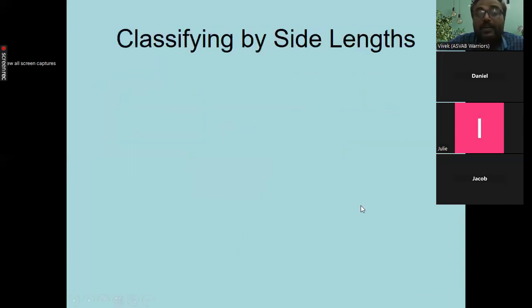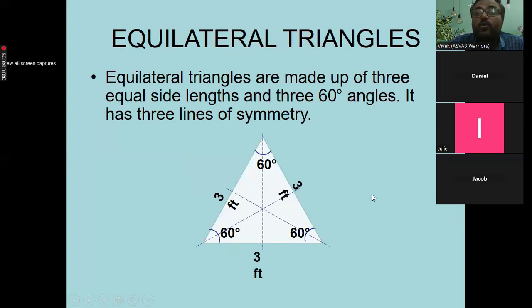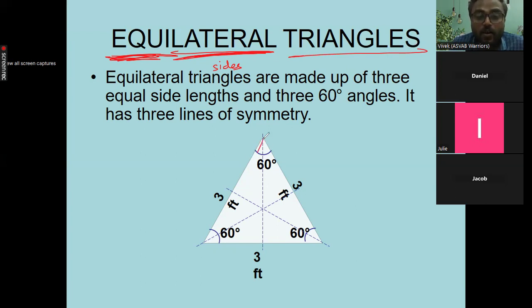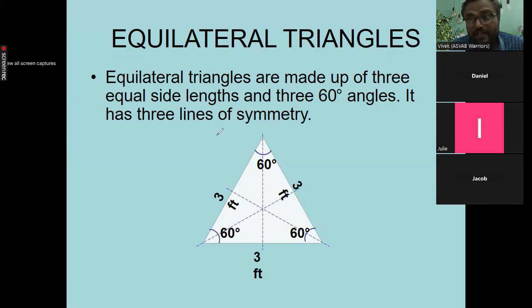Let's move on. Classifying by side lengths. All of you must have heard about the equilateral triangle. Equi means equal, lateral means sides. Equal sides triangle. So in an equilateral triangle, all the sides are equal to each other.